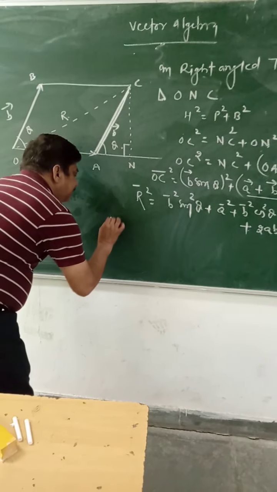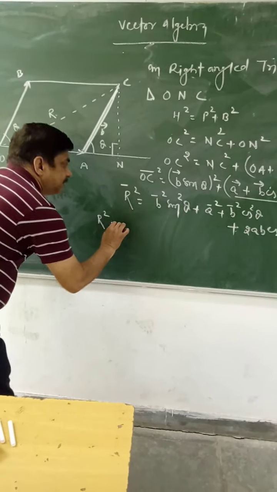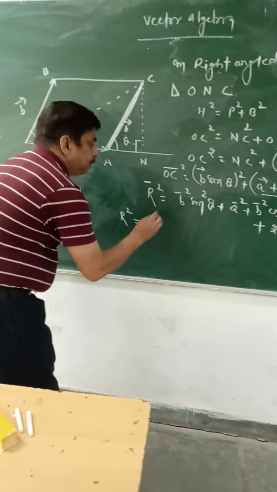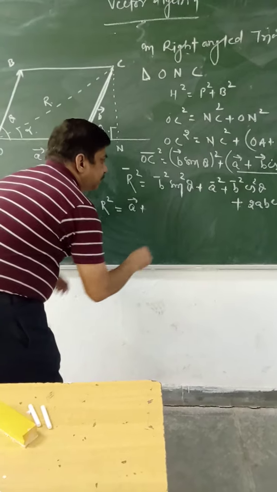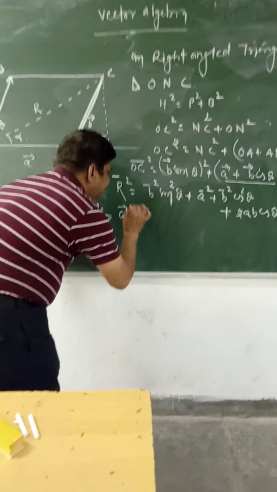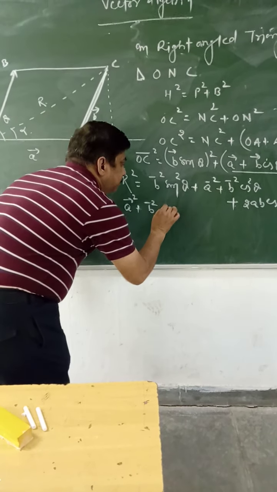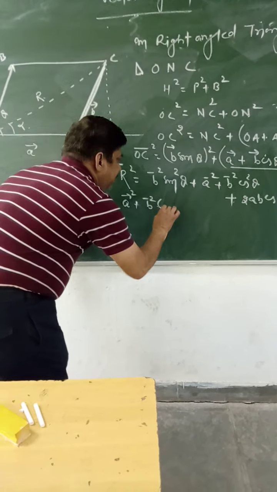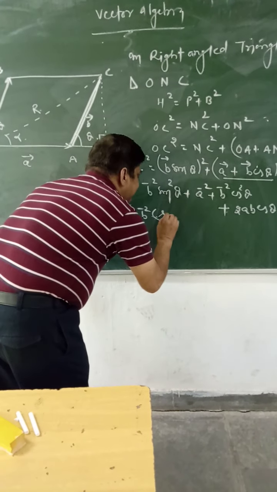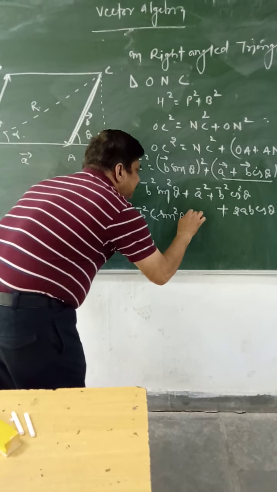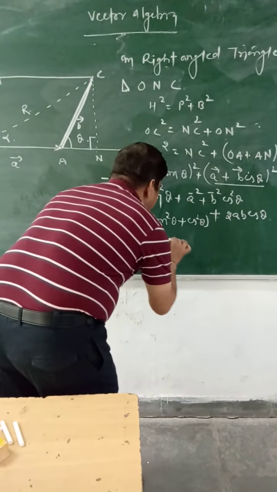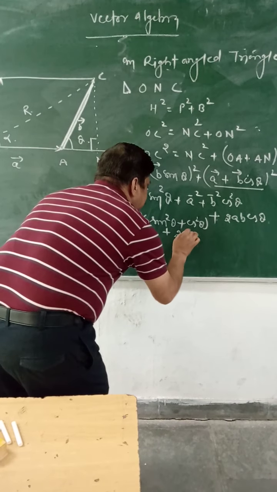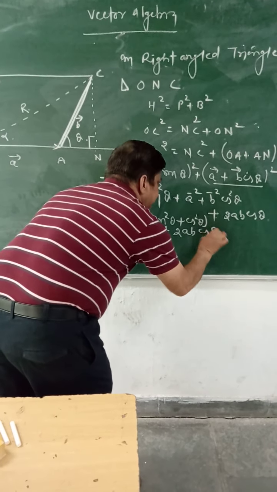Now R square is equal to A square plus B square in bracket sin square theta plus cos square theta plus 2AB cos theta.